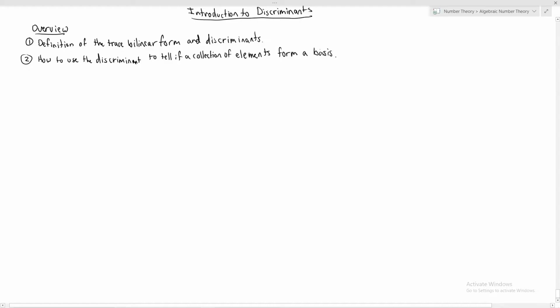So the idea is this discriminant is going to be some kind of numerical thing that you can compute directly. It basically gives you a computational way to determine if your collection of elements form a basis or not. Okay. So first let's get into the definitions here.